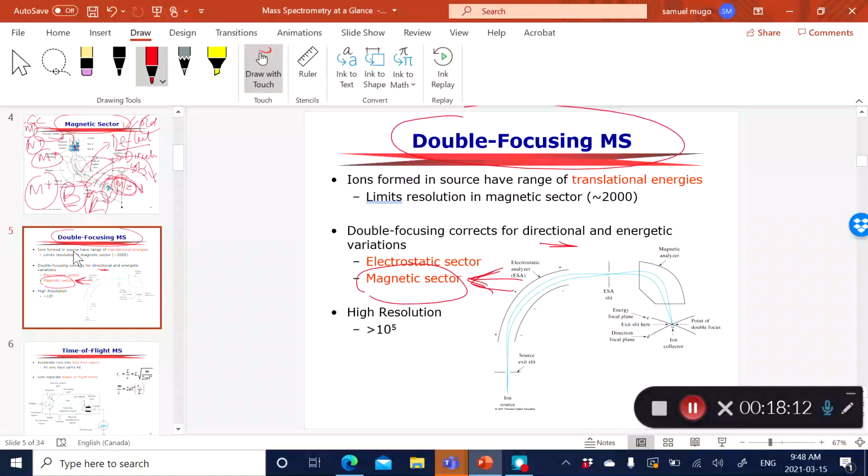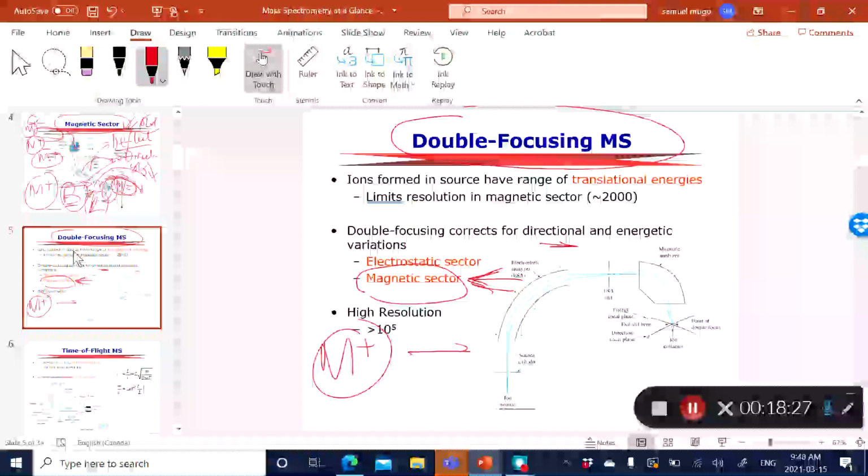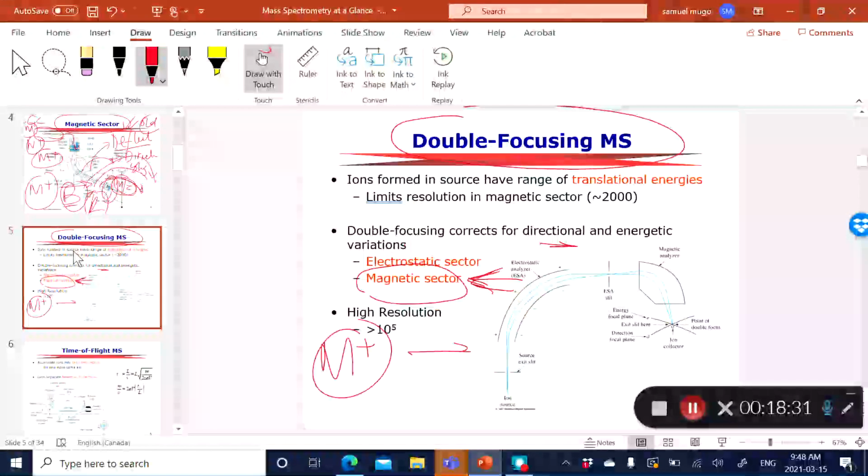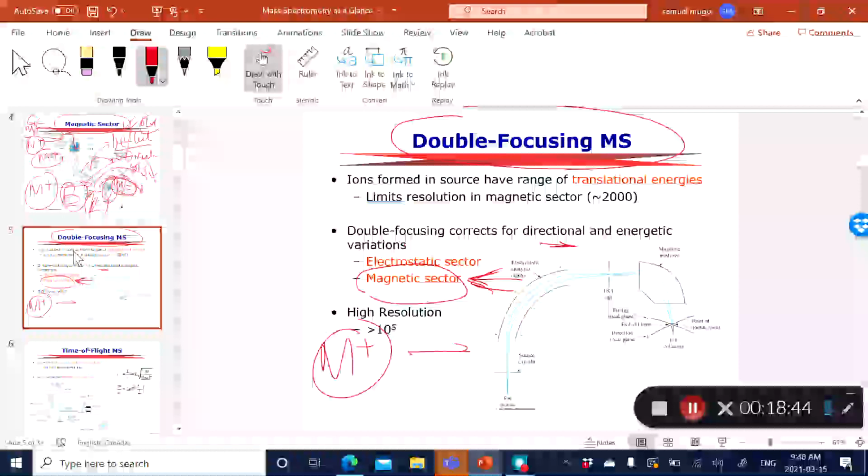Now, to improve the instrument, people realized that if you put an ion, such as the M plus, and expose it to an electric field, its energy is dependent on the electric field that you expose it to. And so equally, you'll be able to stabilize it based on the type of energy, the electric field, that you expose it to.